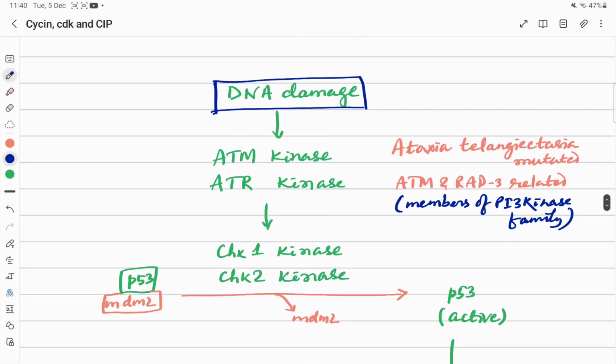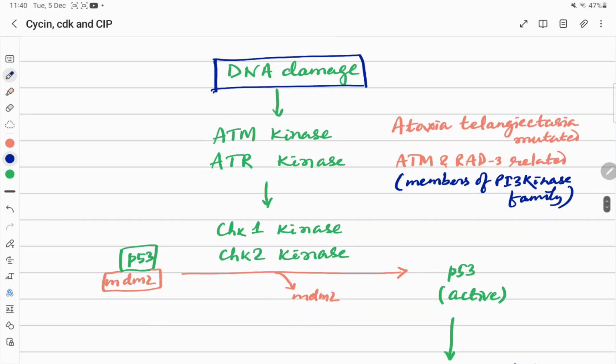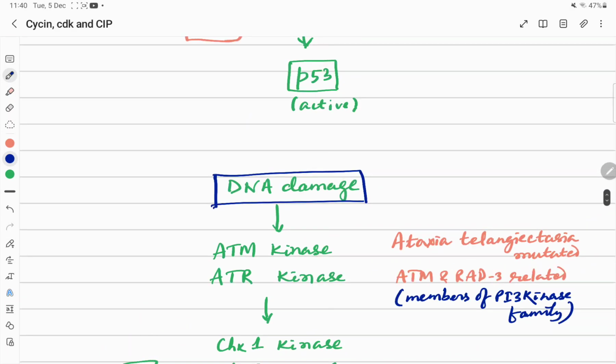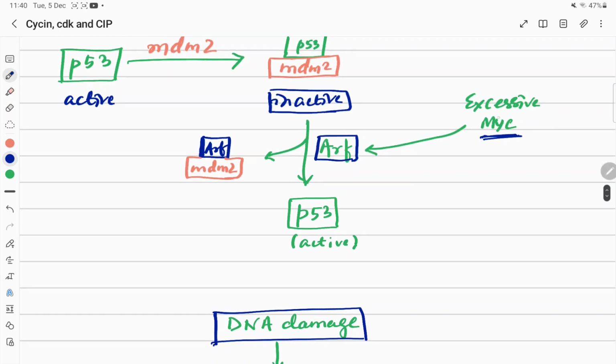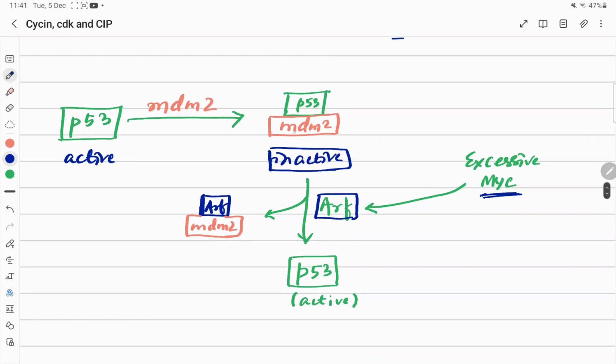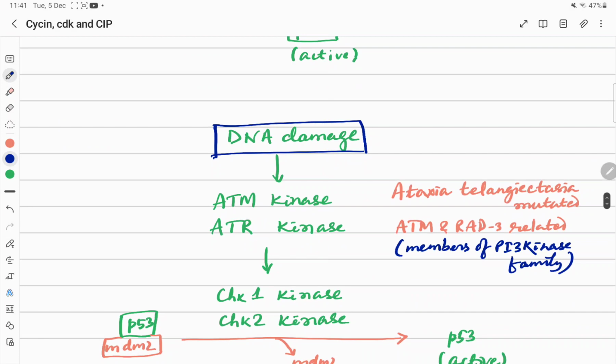Then they will recruit and activate CHK1 kinase and CHK2 kinase, which will phosphorylate this P53 MDM2 complex to release the active P53. So this P53 is usually in inactive form when it is in complex with MDM2, and this becomes active when there is either excessive MYC or when there is DNA damage.